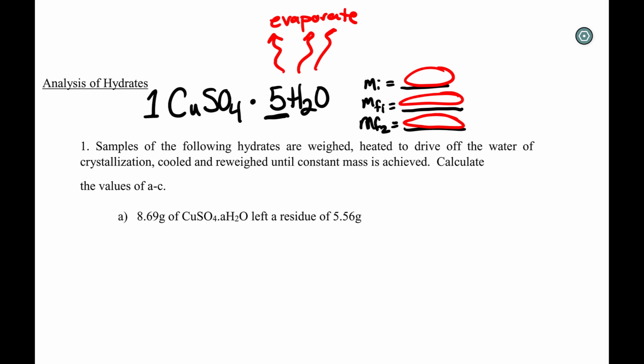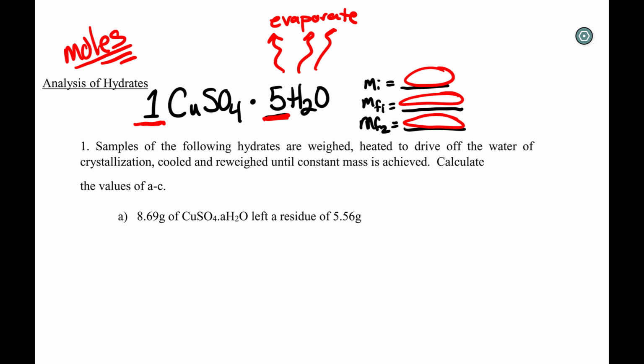And if you know the mass of water that left, you can figure out the moles of water. And this is a mole-to-mole ratio. This is 5 moles of water to 1 mole of copper 2 sulfate. So the goal here again is always calculating moles. Moles are our friend in calculations.